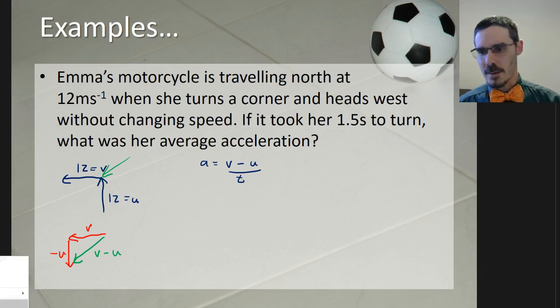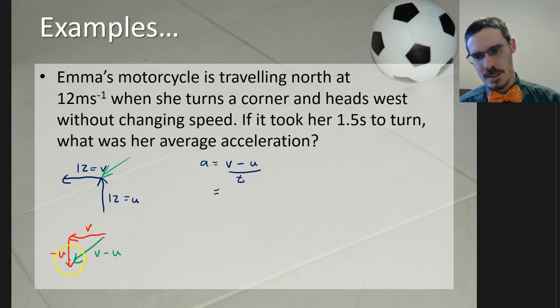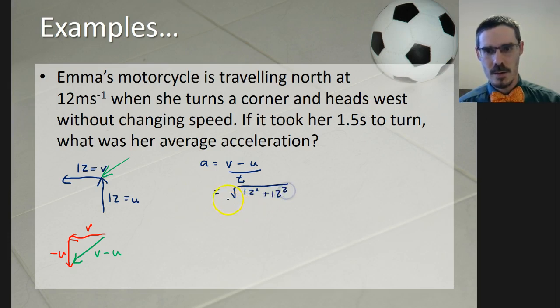Let's go back to calculating it. So I need v minus u. That's this. Well, how long is that vector? It's this squared plus this squared and then get the square root from Pythagoras. 12 squared plus 12 squared, square root, over 1.5 seconds.